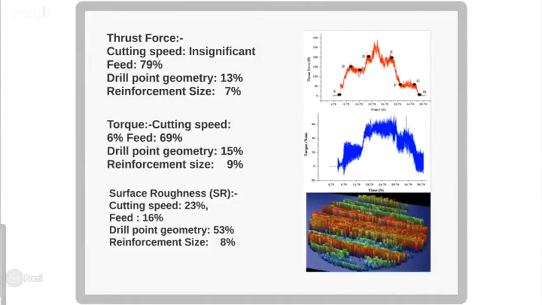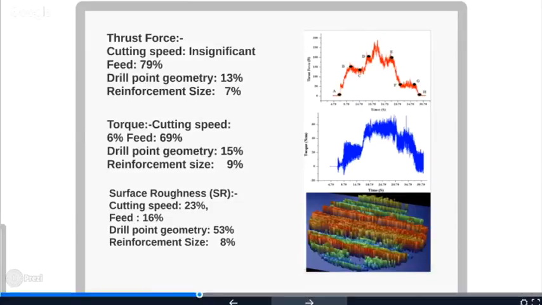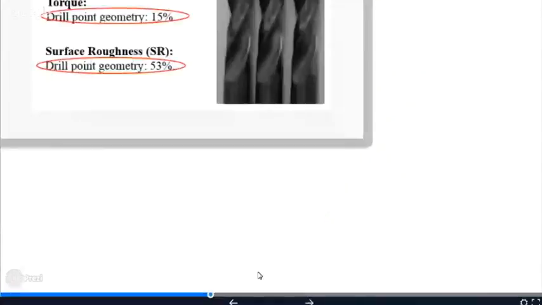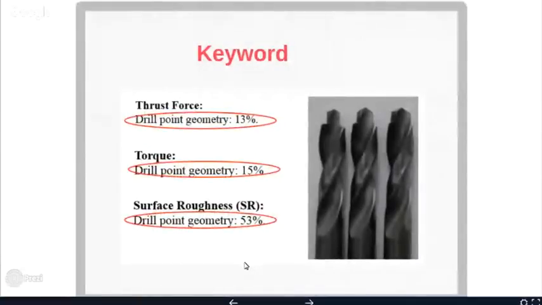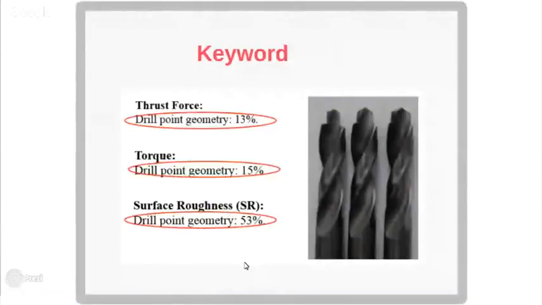So I tried to generate some keywords for each output quality characteristic, that is thrust force, torque, and surface roughness. The keywords generated are drill point geometry: in thrust force, 13%; in the case of torque, drill point geometry is significant, close to 15%; and for surface roughness, highly significant, close to 53%.